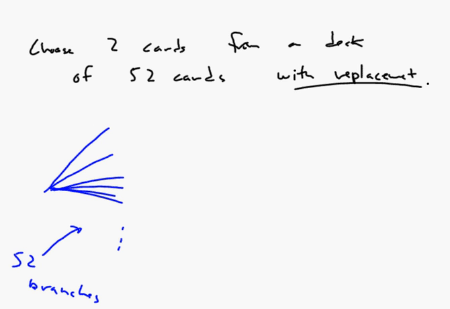And then, if the first card I picked, let's say we'll start with the 2 of hearts, then, after picking the 2 of hearts, the second time I go to pick a card, I'd have another 52 branches over here coming off of that. So you can see immediately this would not be practical to try and write out. You'd have way too many branches to deal with.